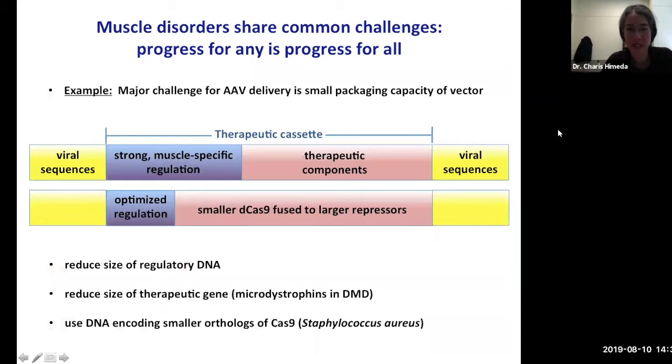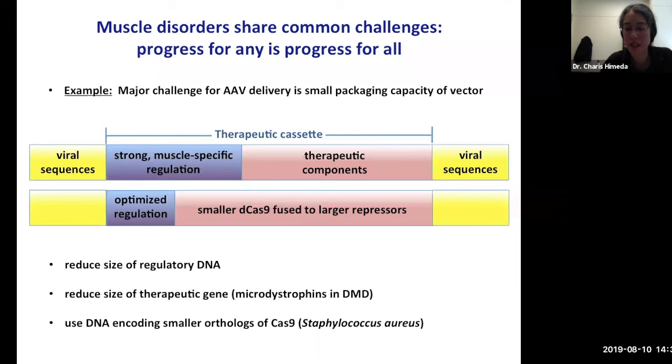Right now I'm working on using a smaller version of dCas9 fused to larger repressors. Hopefully the repressors we're using will provide more stable repression. We're going to test them in our animal models of the disease. We have a mouse xenograft model with Bob Block that he developed, and also an FSHD model of the disease in the lab.